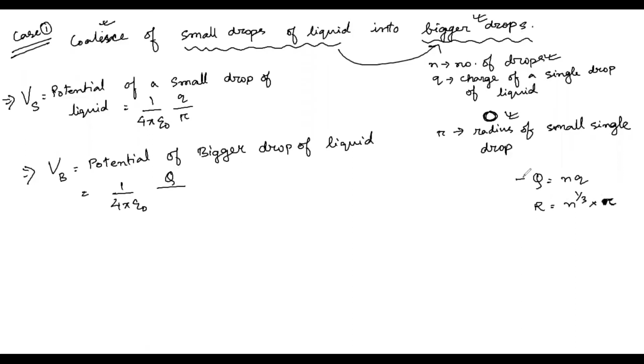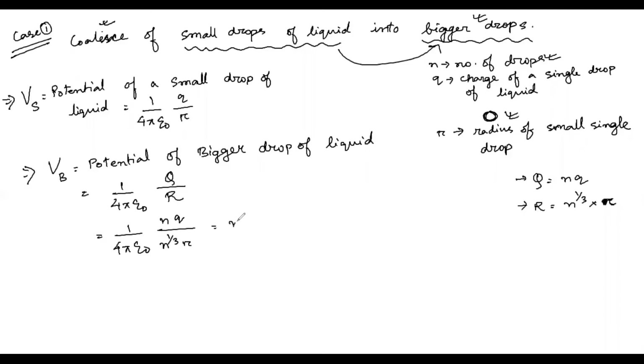We are going to use these two relations to find the potential of the bigger drop, divided by capital R, the radius of the bigger drop. So 1 by 4 pi epsilon naught, you replace this q with n small q, and the radius of the bigger drop becomes n to the power 1 by 3 r.